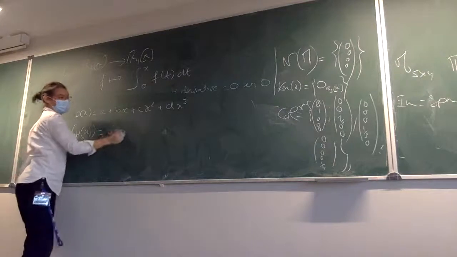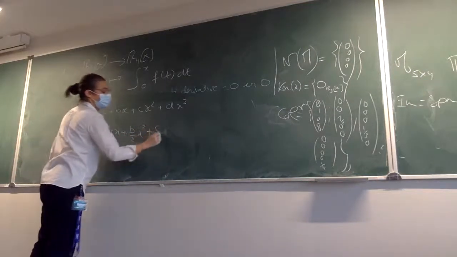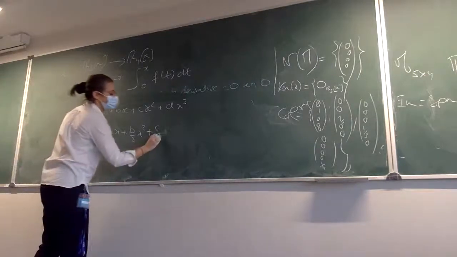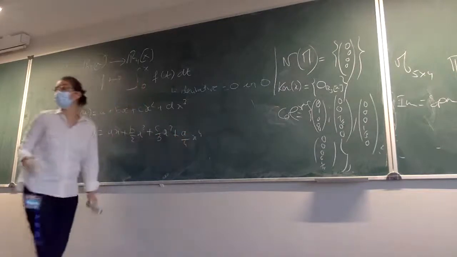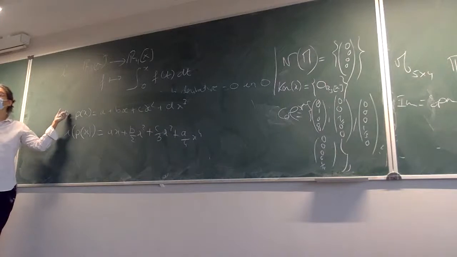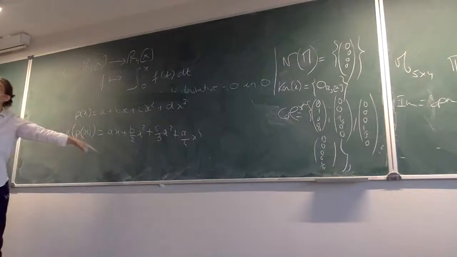So ax plus b over 2 x2, plus c over 3 x3 plus d over 4 x4. You didn't need to do the matrix. You could also work directly on that. If I've got a polynomial in my domain, I apply the map, and this is the polynomial that I obtain.